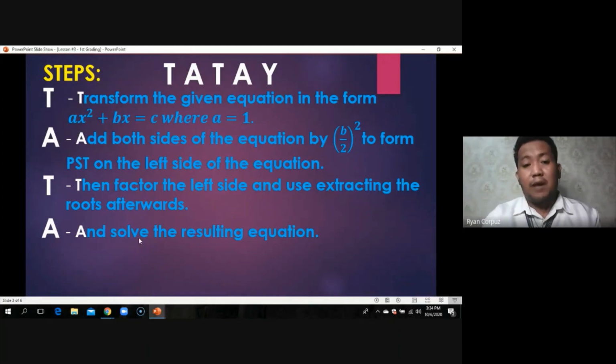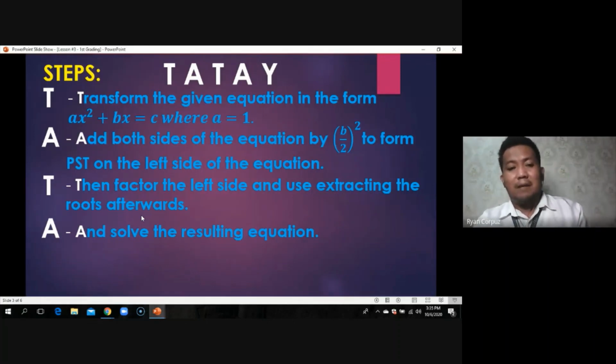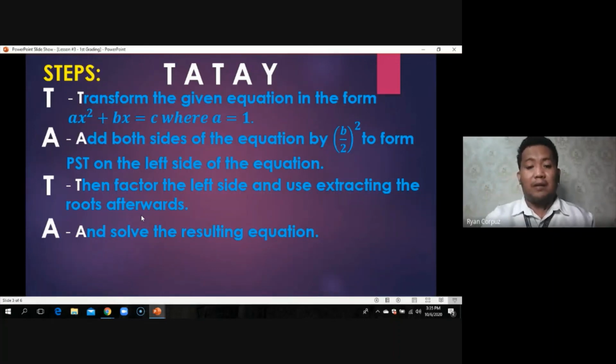So we can solve it by separating the two signs, by forming two equations for us to easily come up with the solutions to a given quadratic equation. So we are going to separate the positive and the negative sign of the roots of a given number for us to come up with the solutions to a quadratic equation.